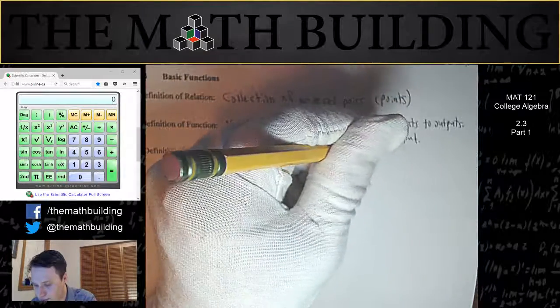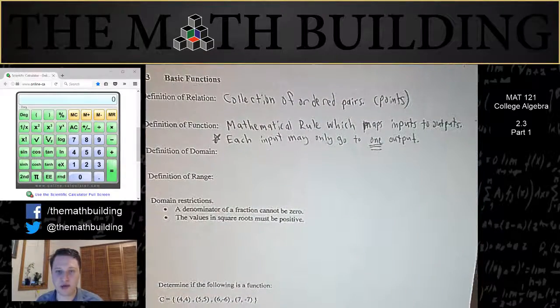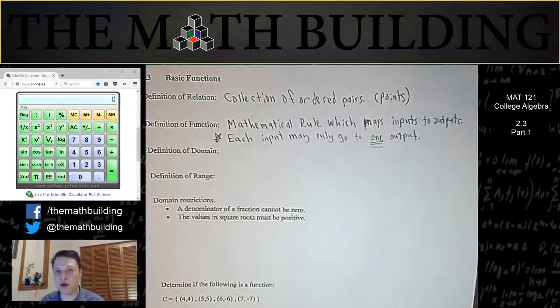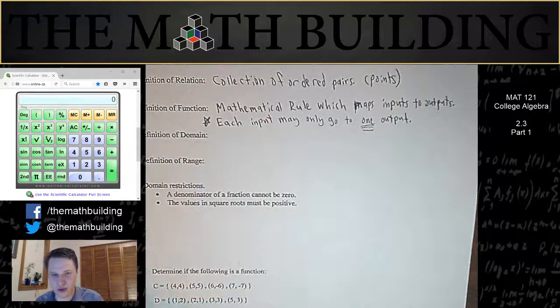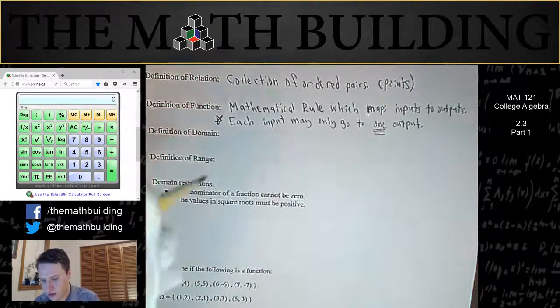In other words, if you put in an input number, you know that it's only going to go to one output number, one only. So if you plug in 2 and you get 5, that's good. But if you plug in 2 and you get 5, or you sometimes get 10, then that means it's not a function anymore.